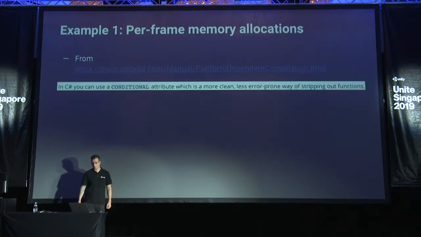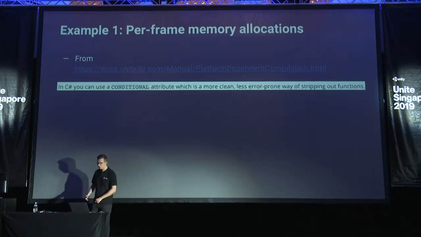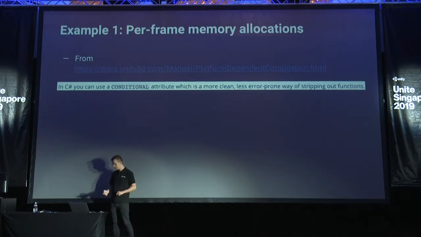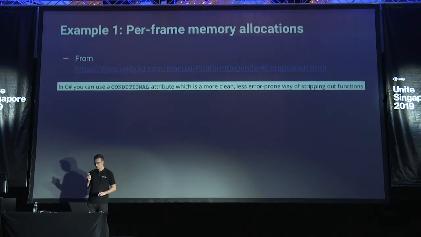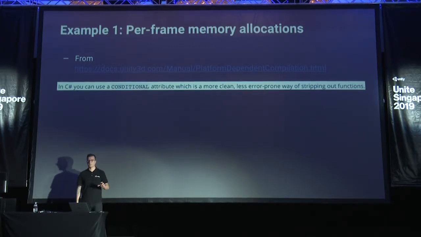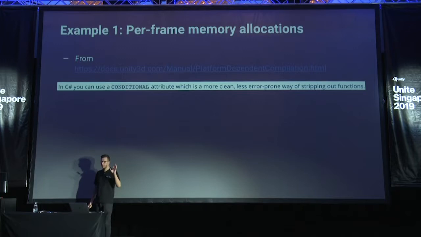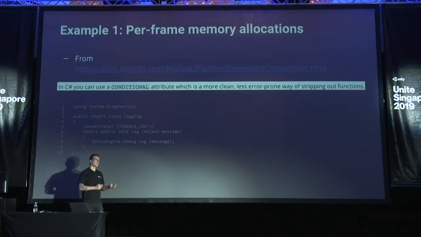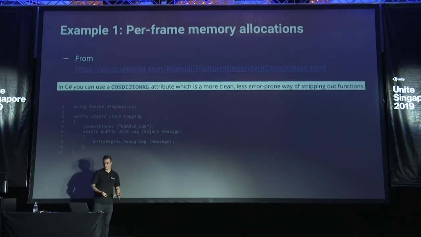So to fix this issue, what we could do is make sure that our build doesn't include any debug log calls, and we could do this by using platform-dependent compilation statements like hash if Unity editor, or we could use something like conditionals. So I see many studios that are a little bit more experienced with optimization.